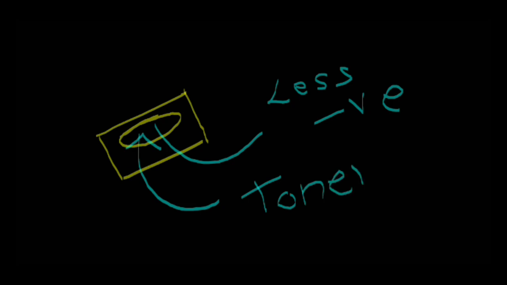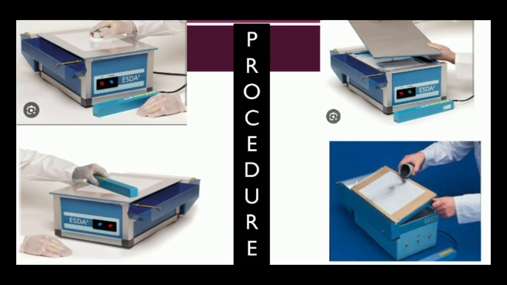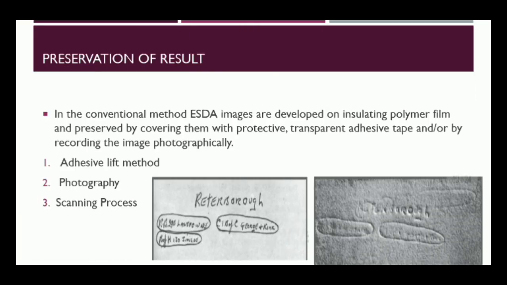The toner particles are negative in nature, and when you sprinkle this toner on the surface, it will get attracted to the portion which is less negative, meaning the indented surface. As simple as that. When you sprinkle the toner on the surface, it will attach to the indented surface, and here you go, you get the entire writing that was written.